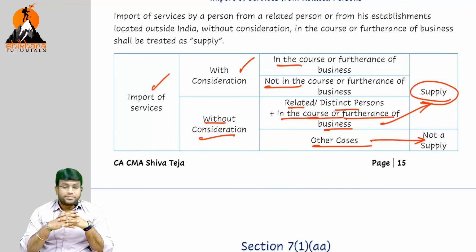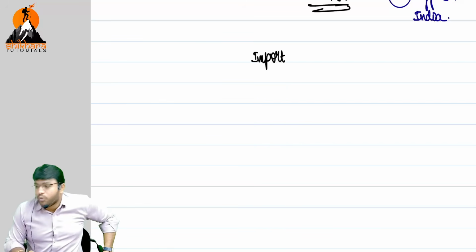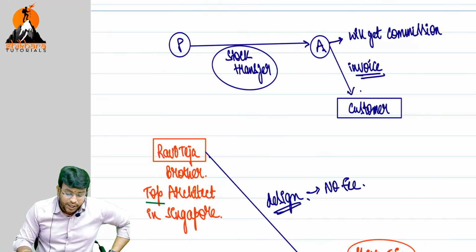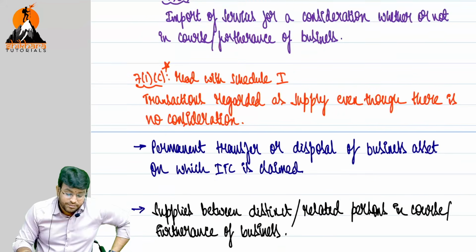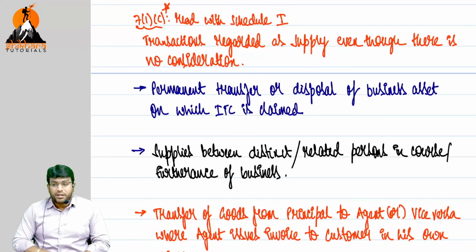Everyone, right? Start writing these 7.1c points. 7.1b done now in the book. Put the heading 7.1c, read with Schedule 1.